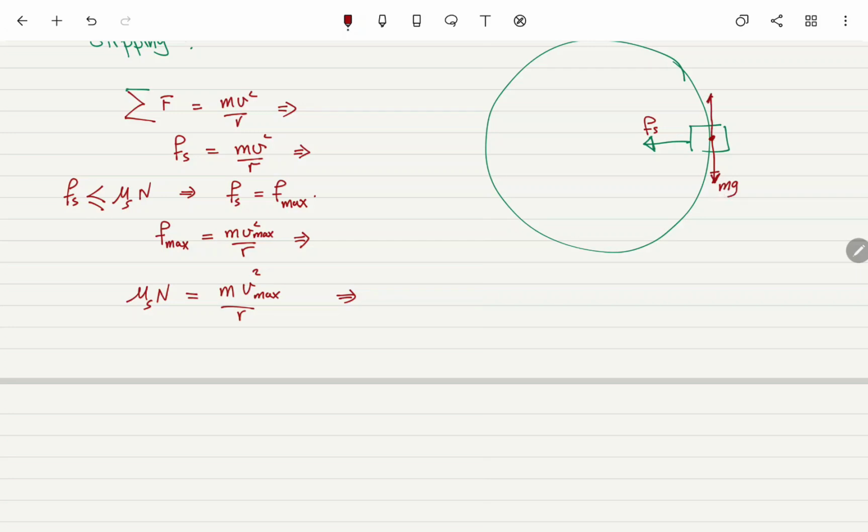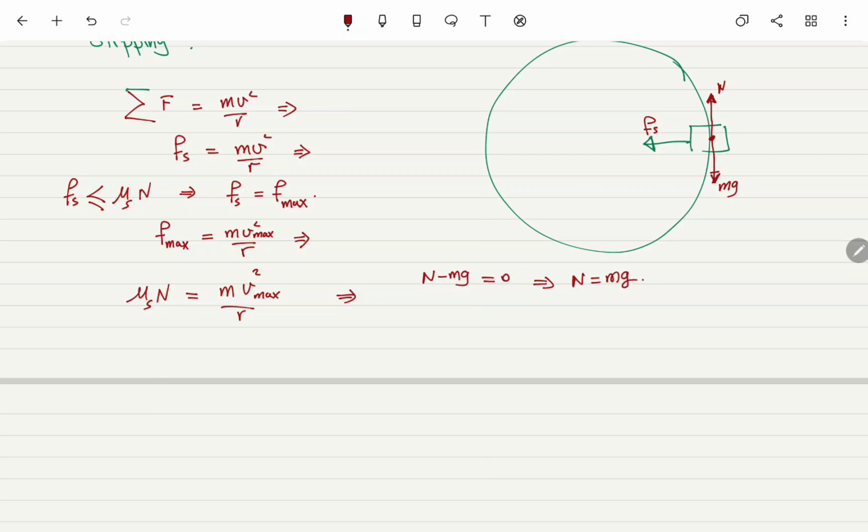And remember, this is the horizontal circular path. This is the normal. Now, the sum of all forces on y equals 0, or we can say normal minus mg equals 0. In other words, normal equals mg.